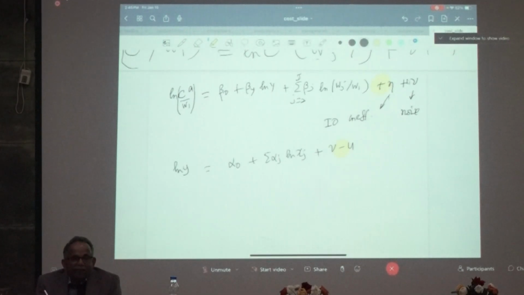Then V will be minus V and U will be plus U. And V is symmetric, so plus V or minus V doesn't matter. If something is symmetric, the sign in front of it doesn't matter. So another way of saying it is that if you have only one program, that means an output oriented measure, you can still estimate a cost function. All you have to do is multiply every variable by minus 1.